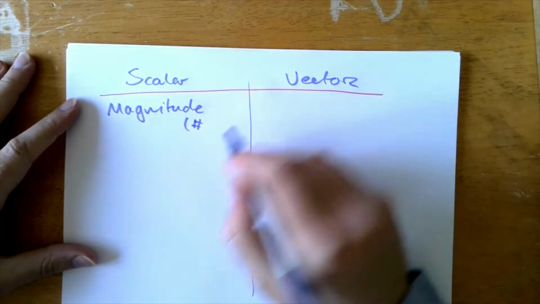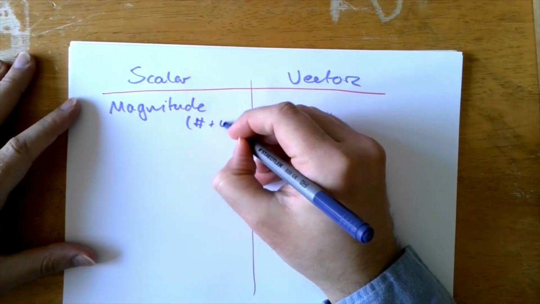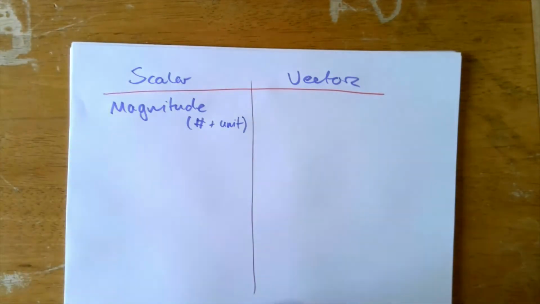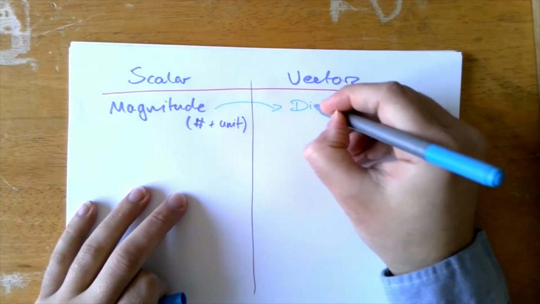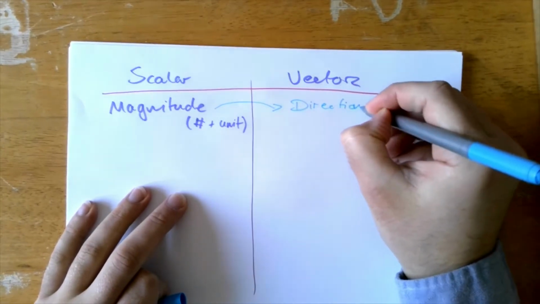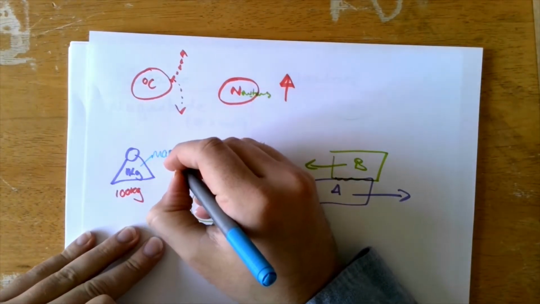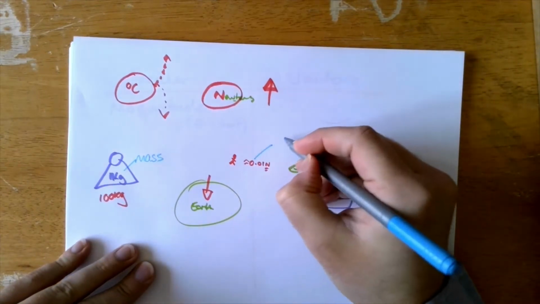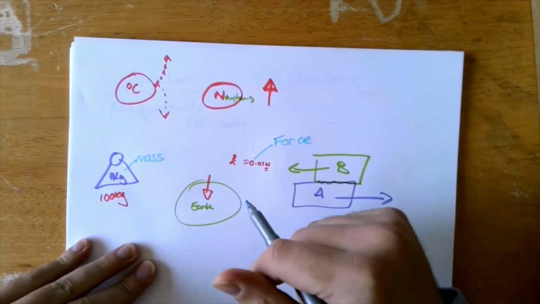Vectors are slightly different because they have this, but they also have a direction. We can give an example of a scalar measurement being mass, because it has no direction. We can give an example of a vector unit being force, because all forces have to have directions.